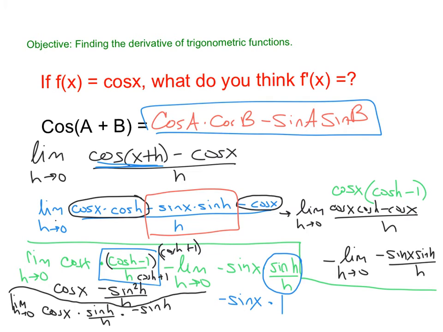So this gives us 0. Just kidding, that gives us 1, right? Cosine of 0 is 1. And sine of 0 is 0, so that whole thing just cancels out. So the derivative of cosine is just negative sine. I know that's a lot. I'm sorry, it's easier on the board at school.